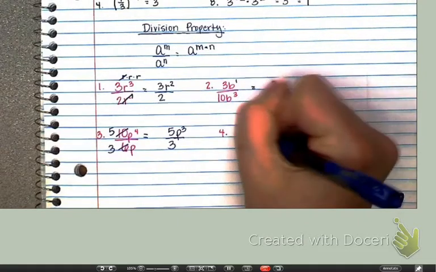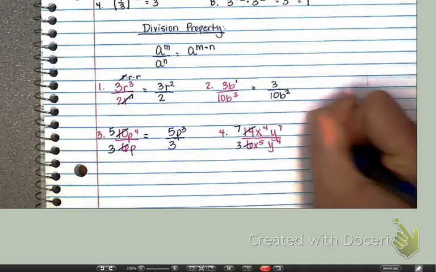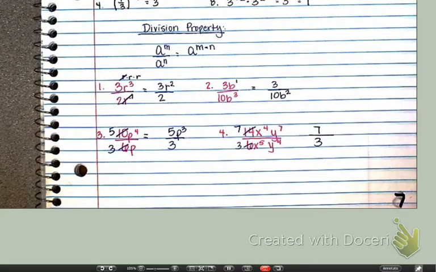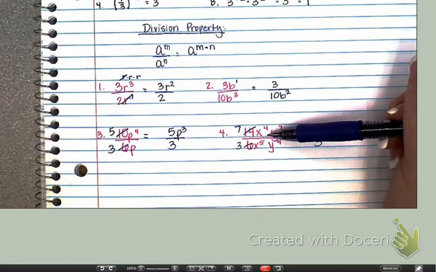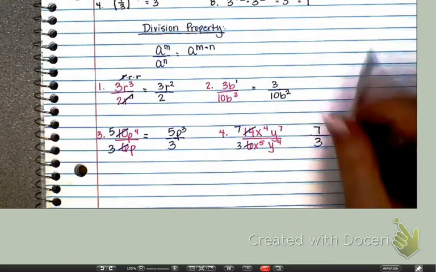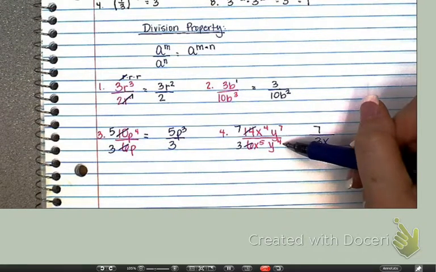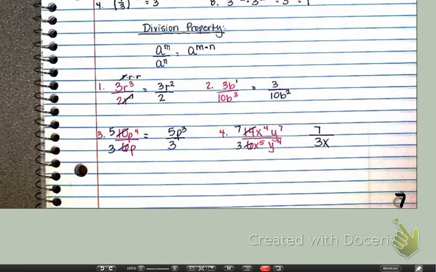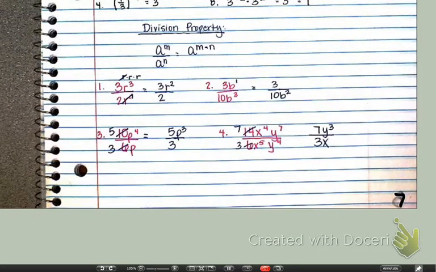So that would be 7 and 3. Now if I deal with my x's, I have 5 minus 4, which gives me 1. Where is that x going to stay? On the bottom. Here I have 7 minus 4, which gives me 3. Those y's are going to remain on the top. So you should have 7y to the third over 3x as your final answer.